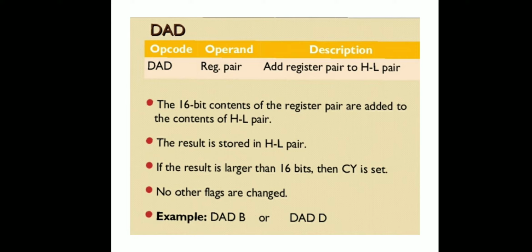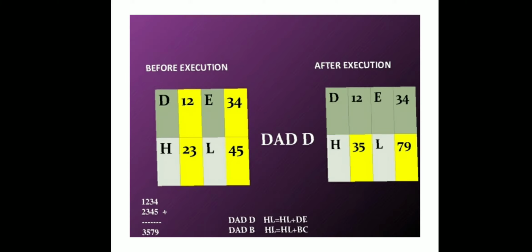If the result is larger than 16 bits, then the carry flag is set and other flags are unchanged. For example, DAD D. After execution of this instruction, the 16-bit data of the DE pair is added to the content of the HL pair, and the result is stored in the HL pair.